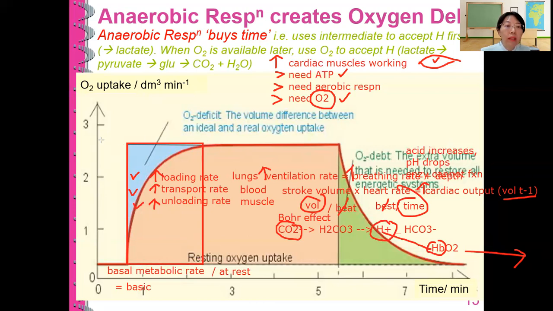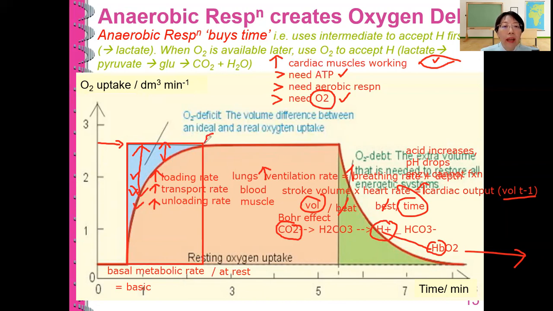Because we need this amount of oxygen here, but the oxygen level does not reach this amount yet. So for this amount that is insufficient, the cell will have to undergo anaerobic respiration to produce the ATP.